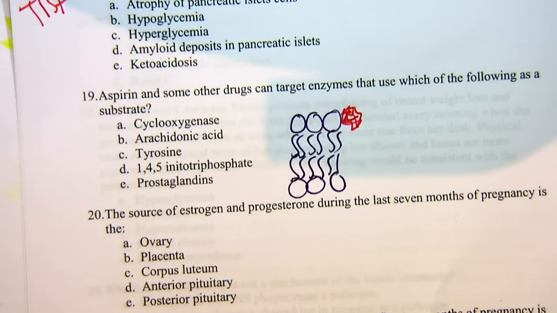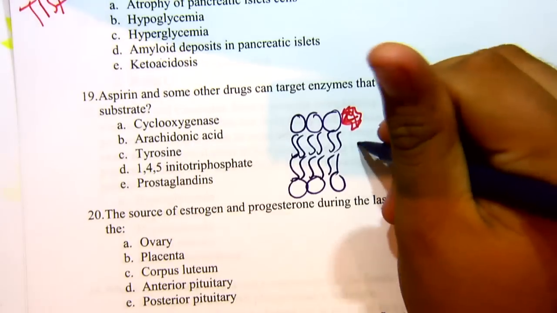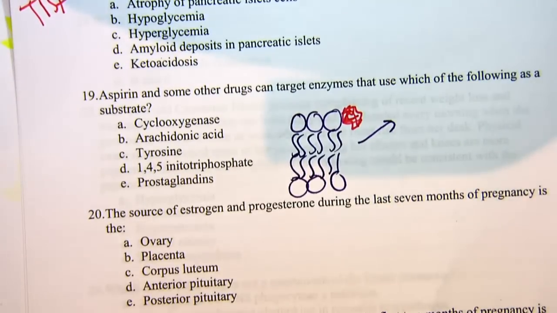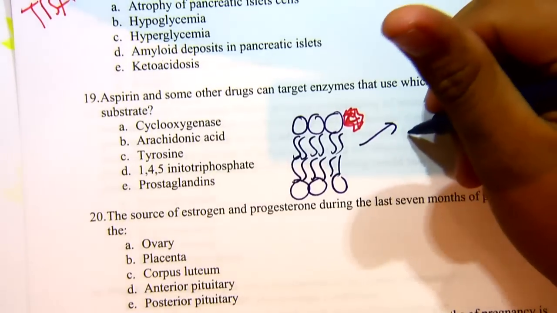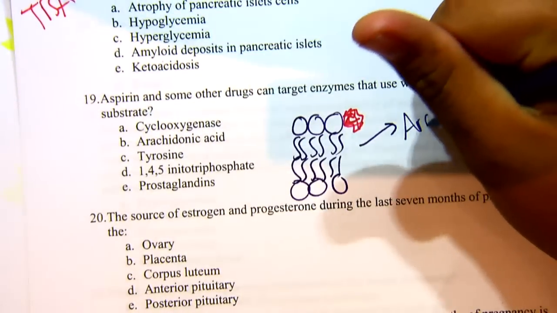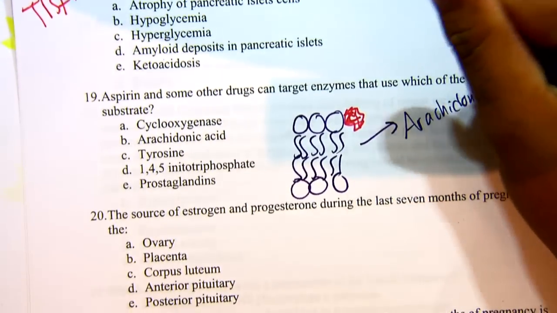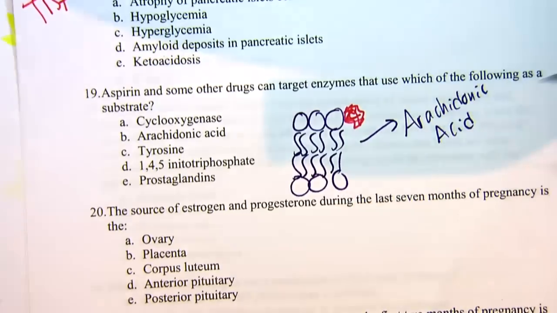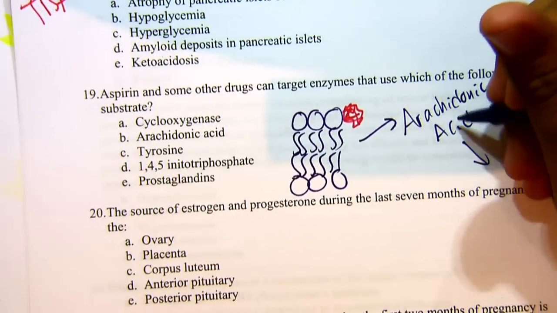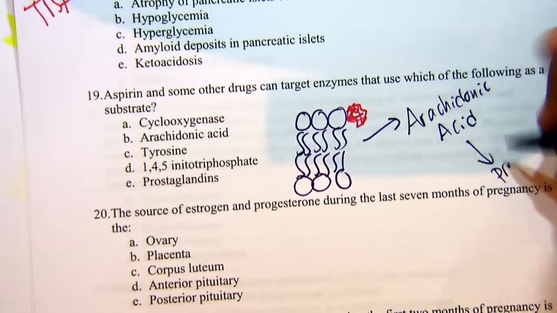What that pathogen does is it multiplies out of control, and it could damage our cell membrane. From the damaged cell membrane, we get arachidonic acid. Then our body uses an enzyme to convert it into prostaglandins.